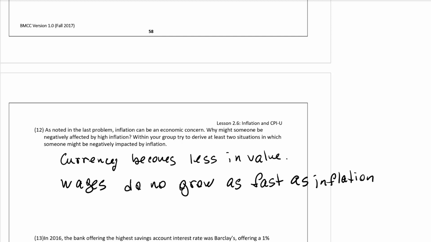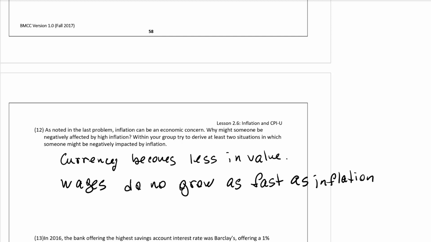If your salary remains the same, that means you will not be able to afford the same things. It's going to become more and more expensive for you to buy stuff, because the products are going to increase in price while you're getting the same money.